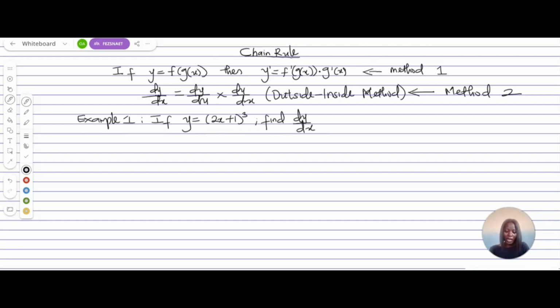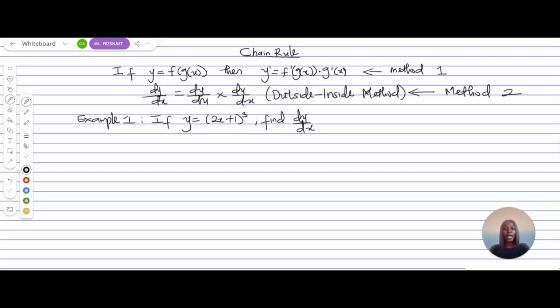Today I'm going to run you through two different methods you can use in getting your derivative when you're using chain rule. The first one might be a little bit confusing, but I will run you through the second one before I go back to the first method. I wrote the first method here.